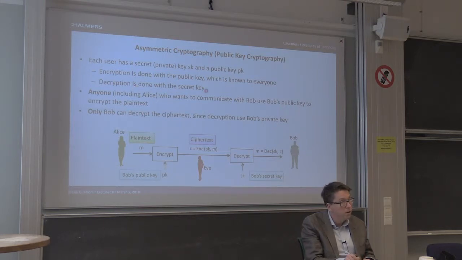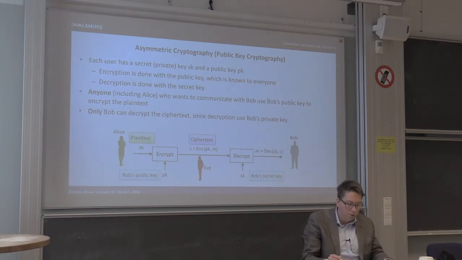Decryption is done with the secret key, which is only known to the person who owns it. So anyone, Alice, Eve, whoever, who wants to communicate with Bob should use Bob's public key to encrypt the plain text. Only Bob can decrypt the ciphertext, because decryption uses Bob's private key, and only Bob knows it.